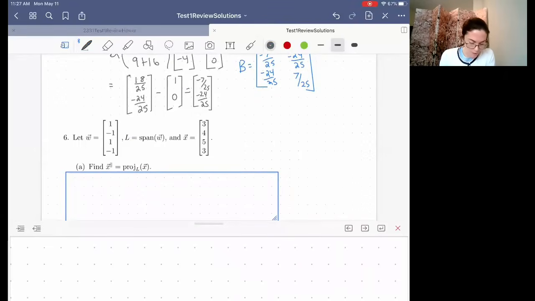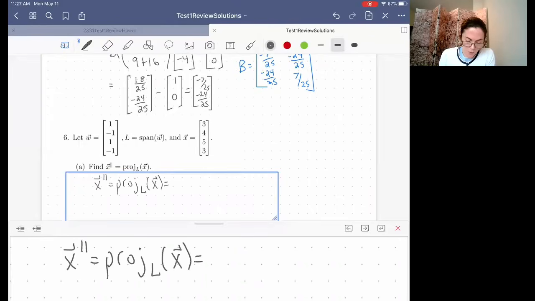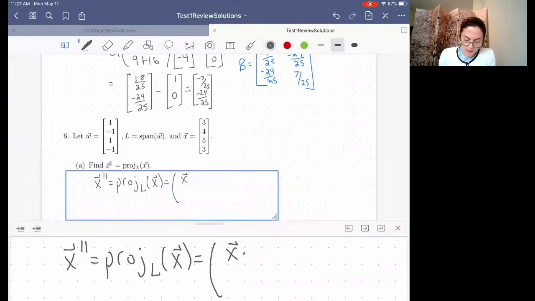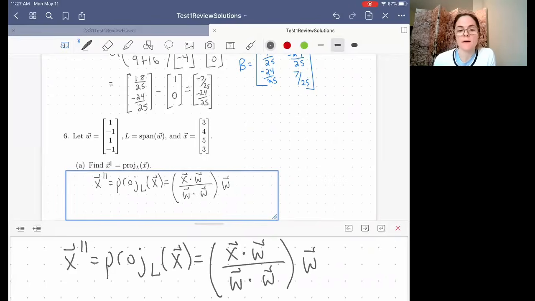So the formula for the projection, one way to write it is as we see like this. It's the projection of this vector X. We take X dot W over W dot W and then times W. So you see it is the projection onto a line.